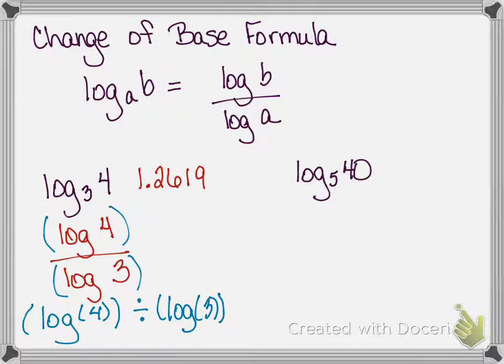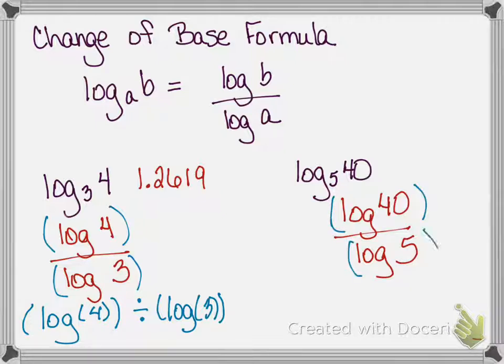So, let's do the next one. Log of 40 over log of 5. Make sure you are putting your numerator and your denominator in parentheses. That is such an important habit. It's a huge habit to get into before Thursday.